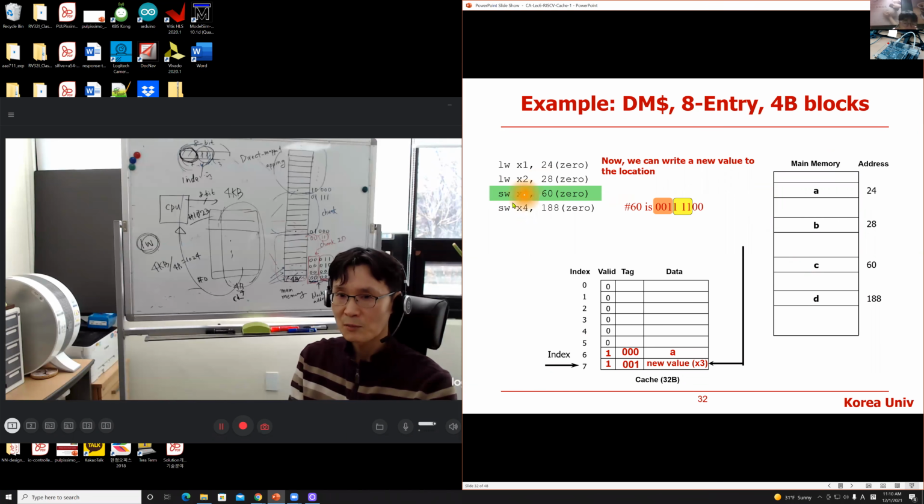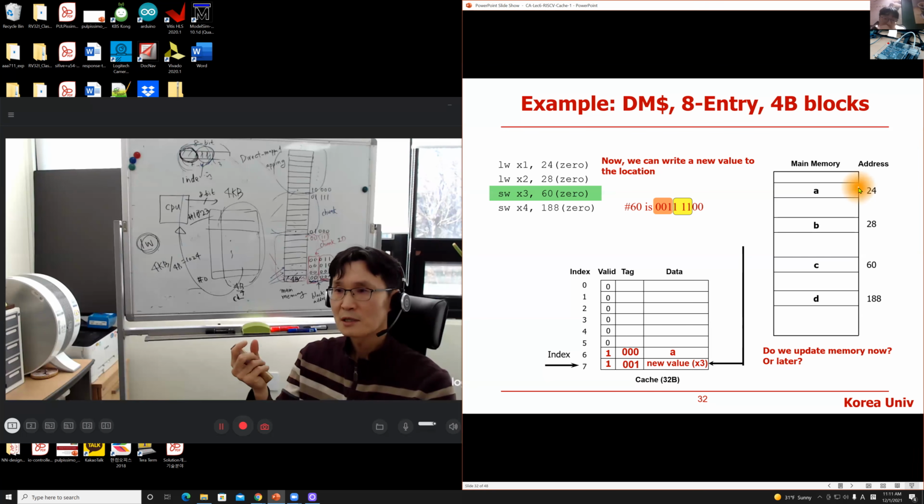So eventually, you have to update main memory, that is for sure. But for now, let's update only the cache, and main memory will be updated later on.